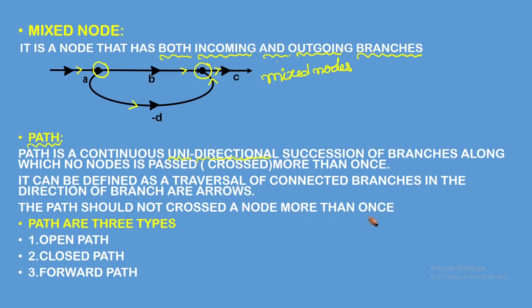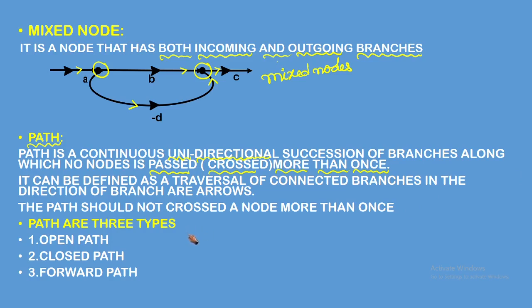So whenever you are traveling, you should not cross a node again and again, more than once, that is called a path. The direction should be unidirectional, a succession of branches along which no node is passed.